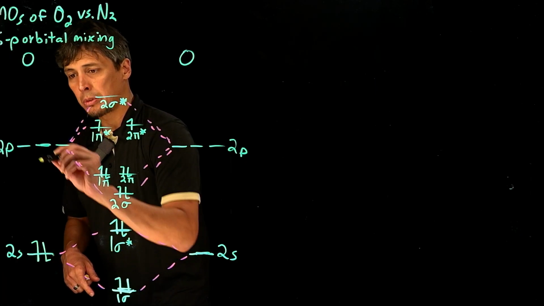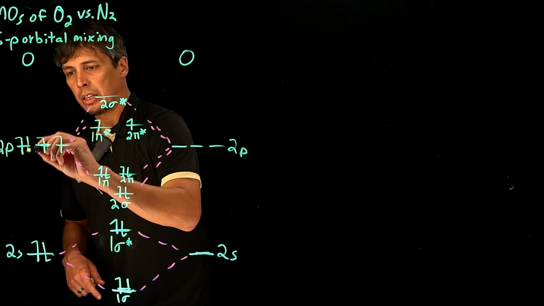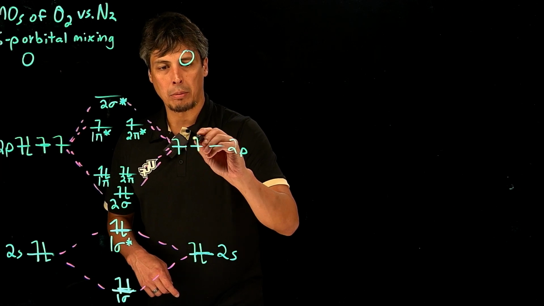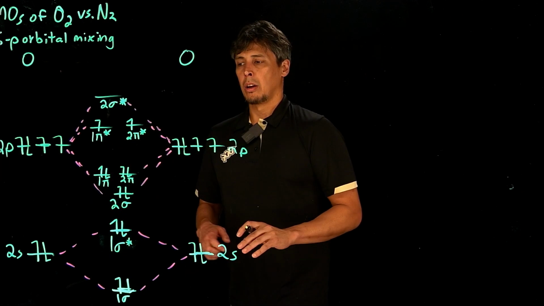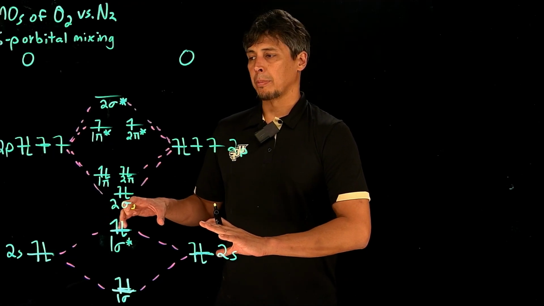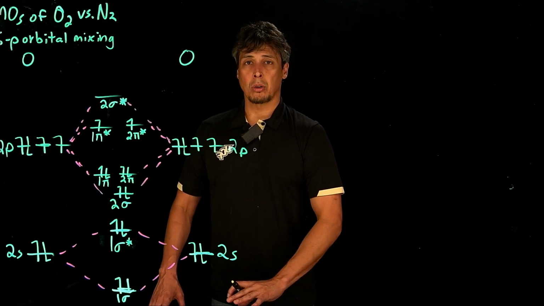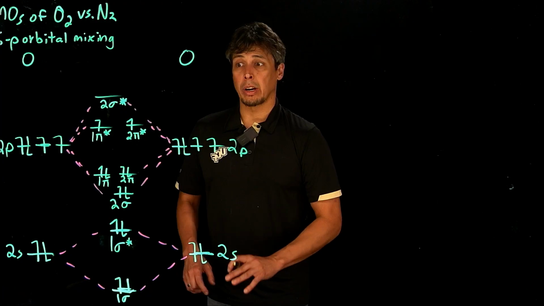And what I'm showing here is just the top portion of the molecular orbital diagram that we showed. Remember that there are still molecular orbitals derived from the 1s atomic orbitals of oxygen. They're just at much lower energy.